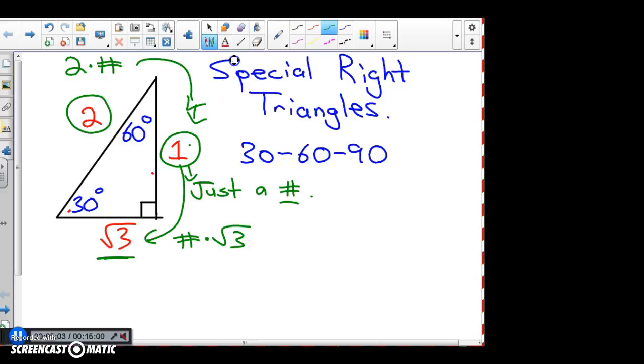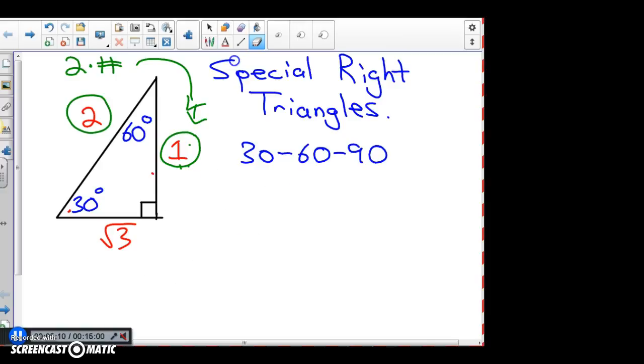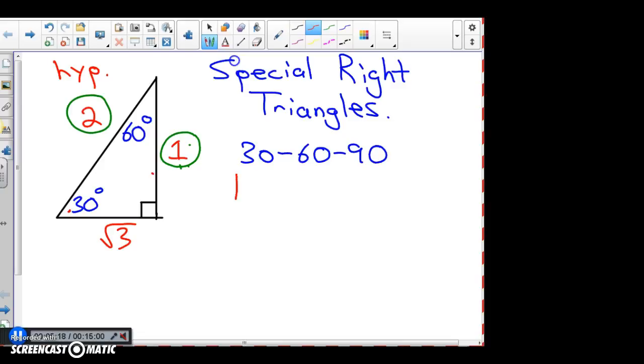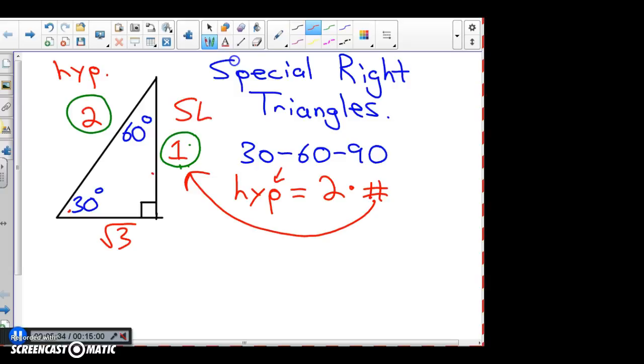Okay. We have other distinctions also with a 30-60-90 that we need to talk about. Whenever it comes to these, we also mention long legs and short legs. We know this is my hypotenuse right here. And I just said that to get my hypotenuse, I can set it equal to 2 times whatever that number is. Now, this we call a short leg. Why?